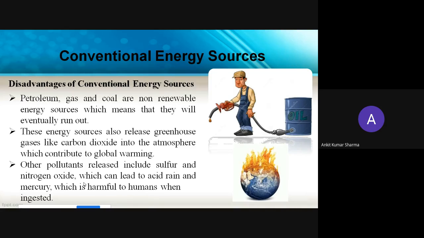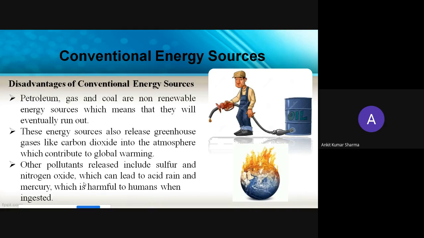There are a few disadvantages of the conventional energy sources. The most in the limelight disadvantage is pollution. Petroleum, gas, and coal are non-renewable energy sources, which means that they will eventually run out.